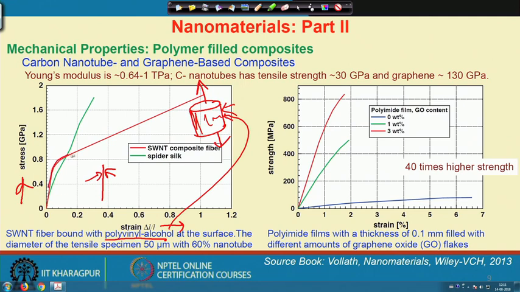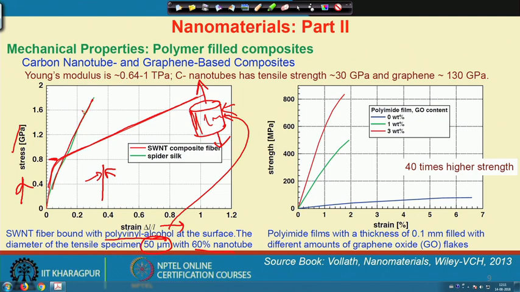So, you get such a stress strain plot where the stress level can be 0.8 gigapascal, which is quite high. The tensile test specimen that was prepared was, let us say, 50 micrometers, with 60% of nanotubes. We can use that material, compare it with spider silk, and produce such a high strength material.